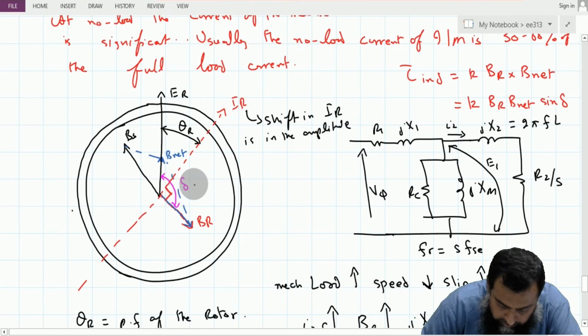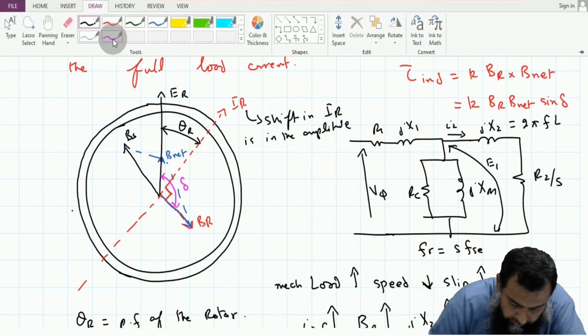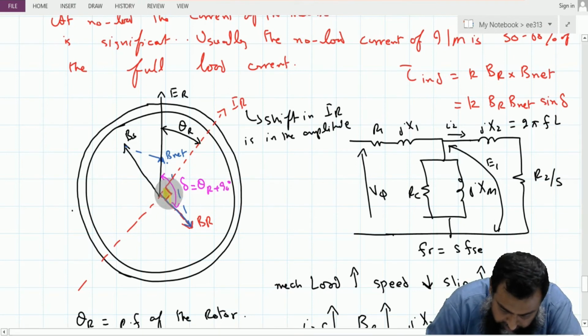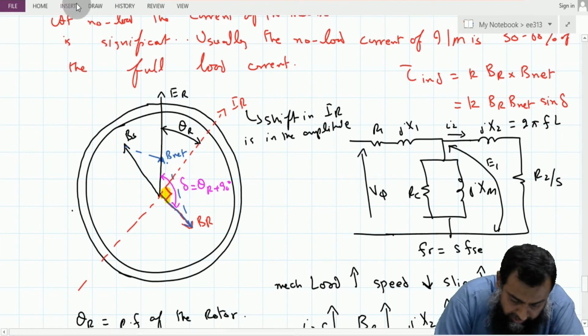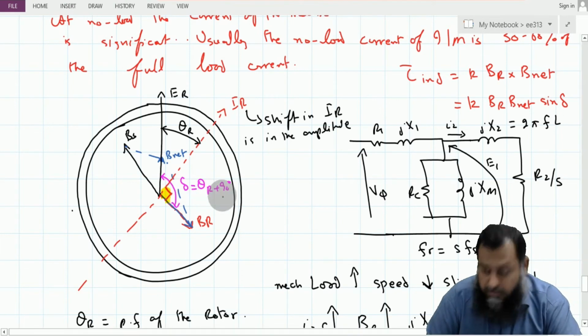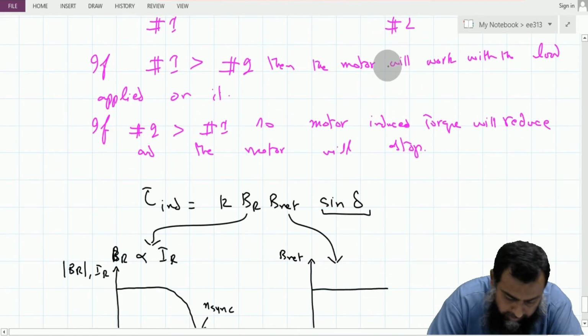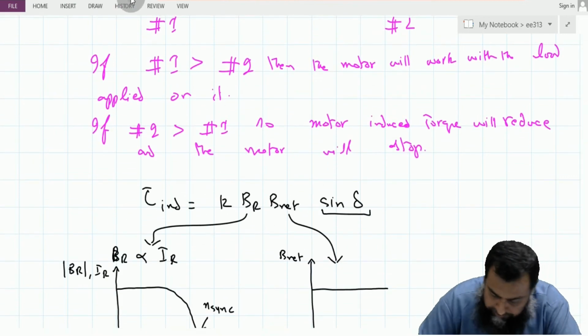So we know that this delta is equal to theta_r plus 90 degrees, because here we have this thing exactly at 90 degrees, and here we have this theta_r. So the delta, which is this angle, is equal to theta_r plus 90 degrees. Let me first do a little bit of a trick with this sin delta here.